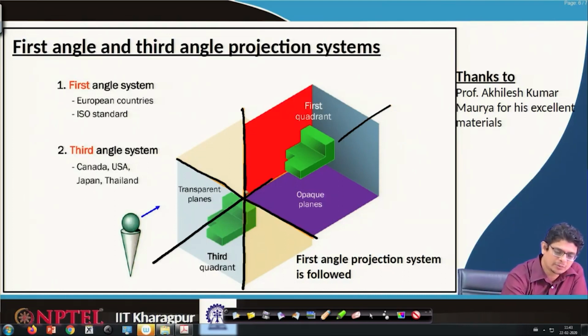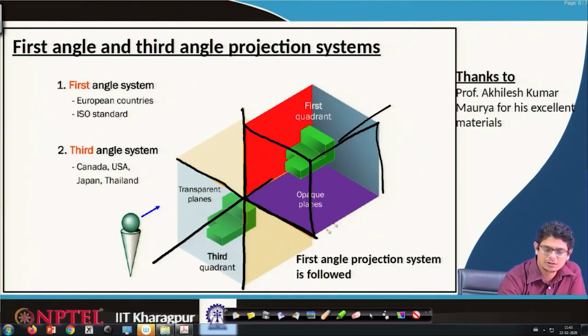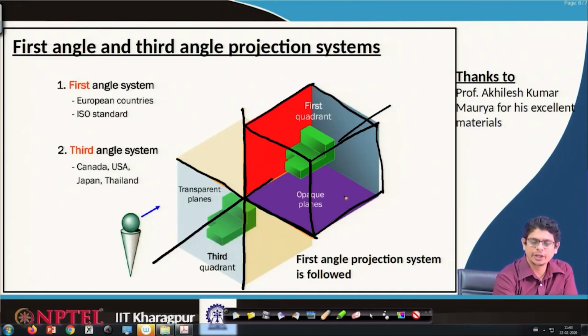So, let us construct a box which goes in that way. A box located in the first quadrant.